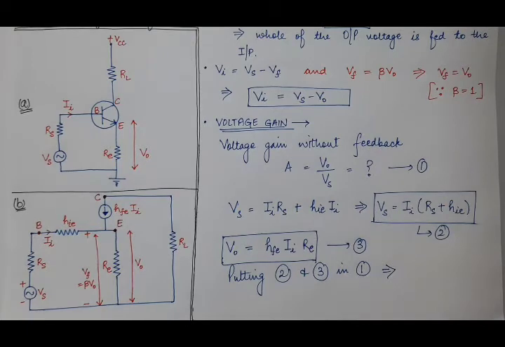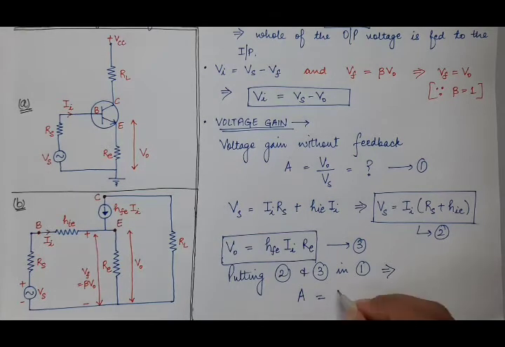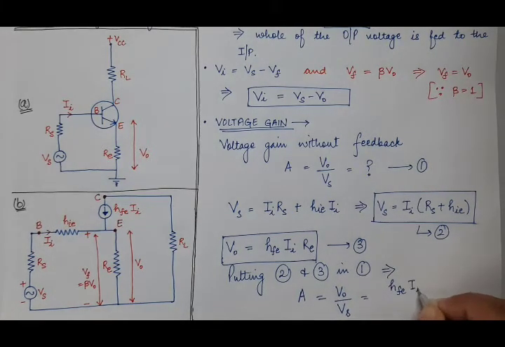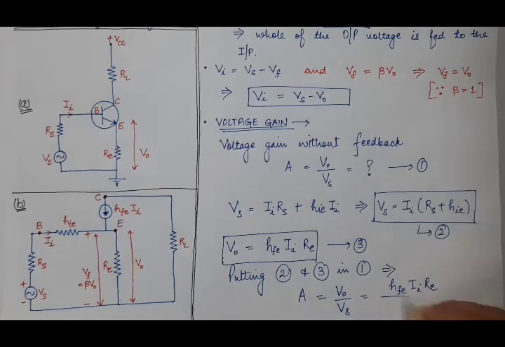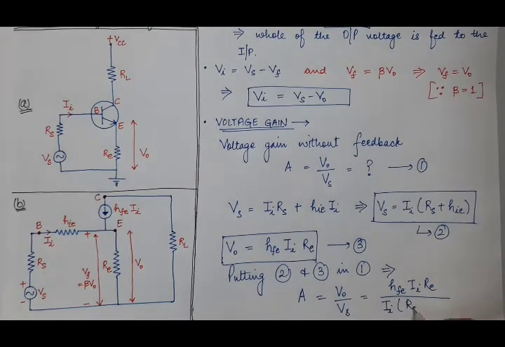So we have A, which is the voltage gain without feedback, equal to V naught by Vs. V naught is HFE II Re divided by Vs, which is II into Rs plus HIE.